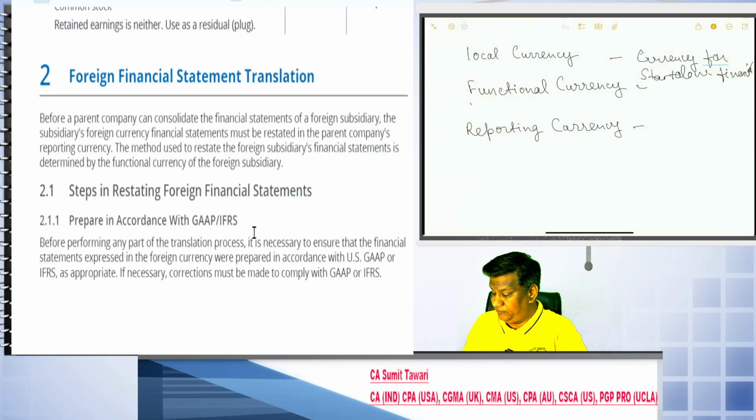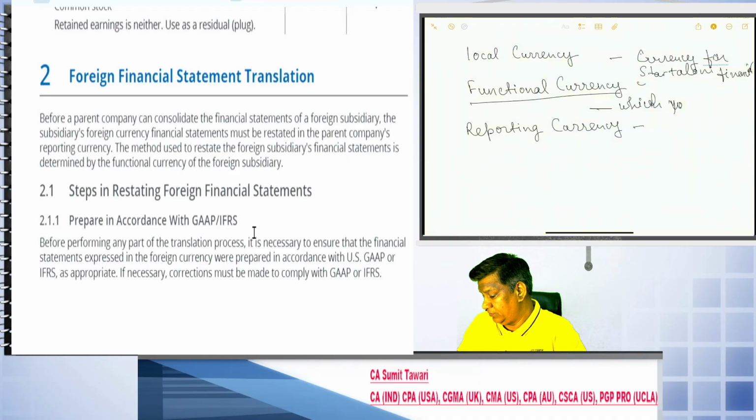Functional currency is basically the currency which you use for your business.